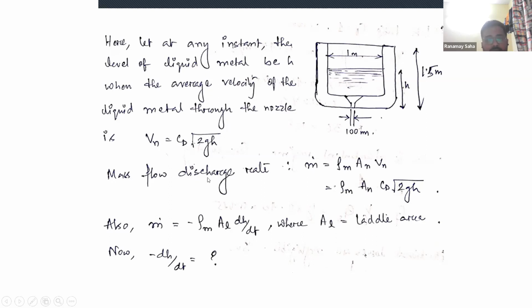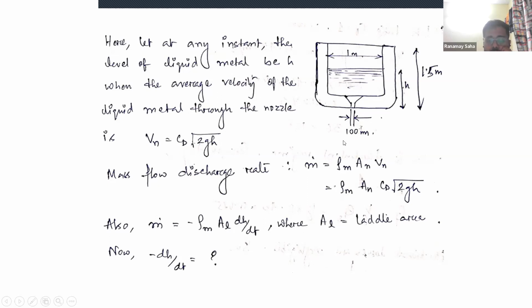And now mass flow rate is given by rho A V, density into area. So this is rho m, the density of the molten metal, An is the area of this particular nozzle, so a diameter of 100 mm, and Vn is the velocity of the molten metal coming out through this nozzle, which is again given by CD into root 2gh.